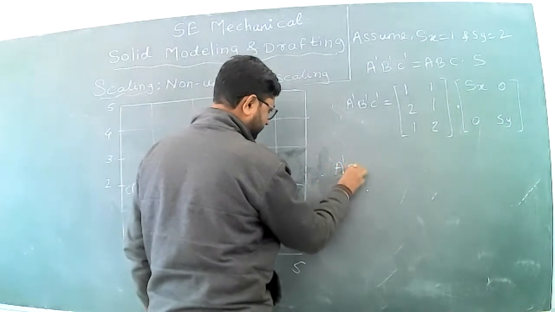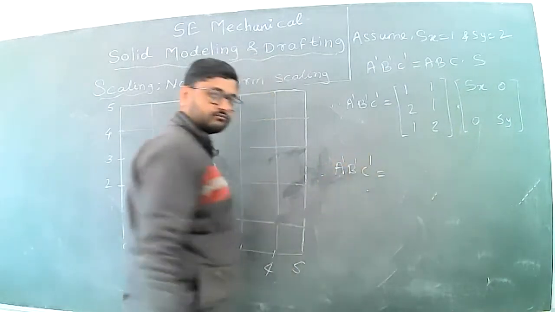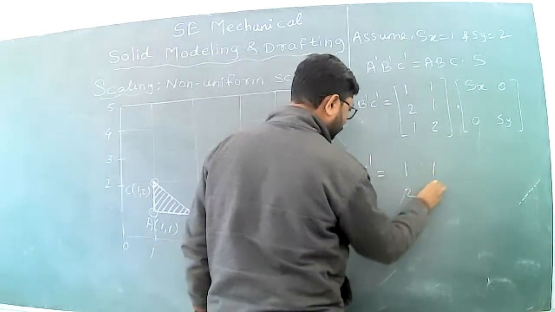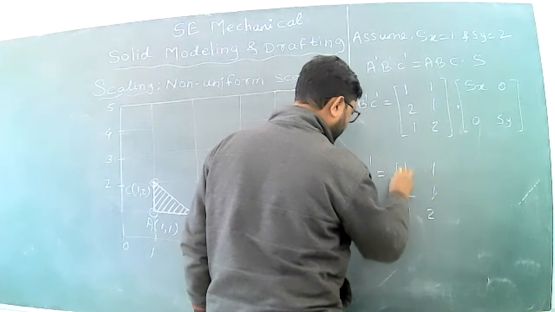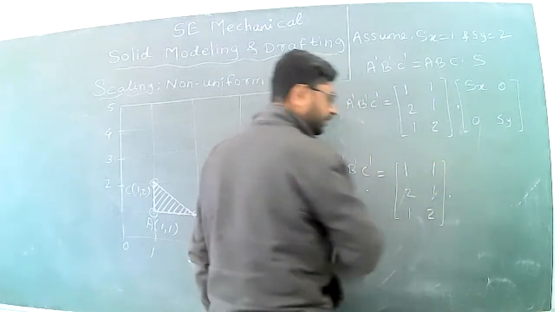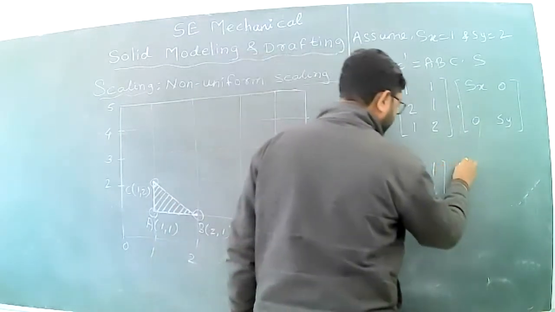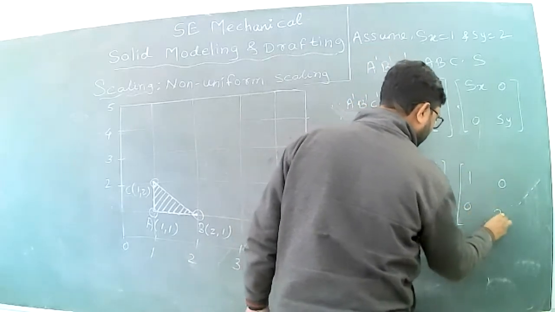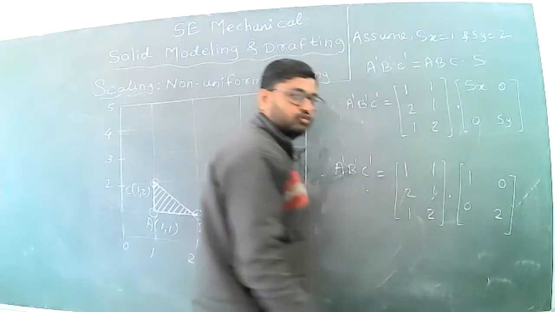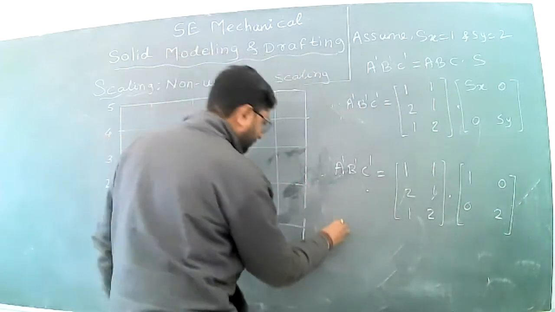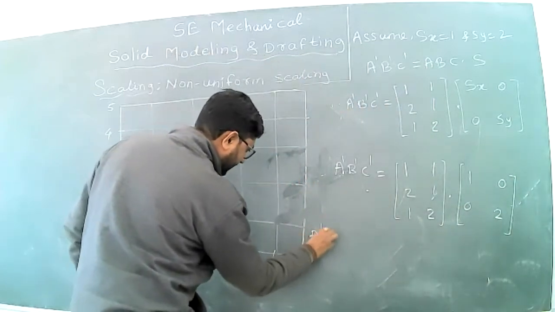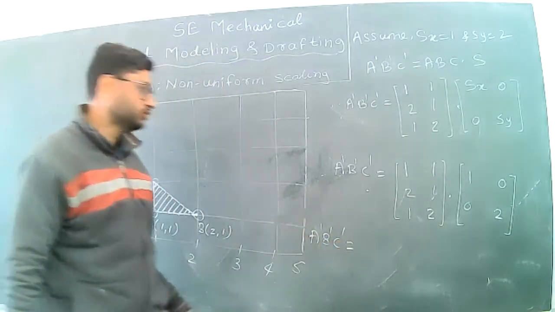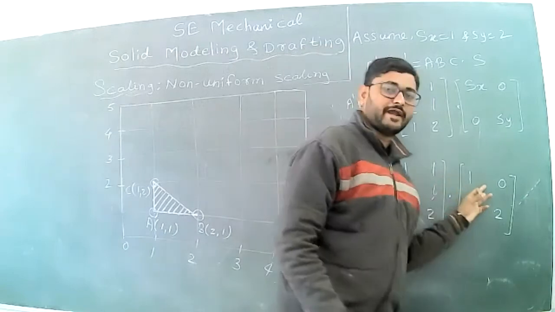Therefore A dash, B dash, C dash is equal to 1, 1, 2, 1, 1, 2 into Sx, here Sx is 1, 0, 0, Sy is 2. So by solving this matrix A dash, B dash, C dash is equal to, how to solve this matrix?